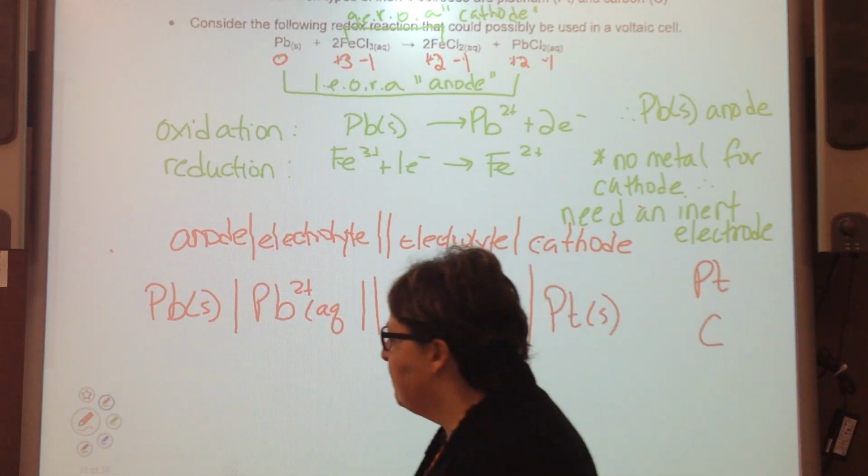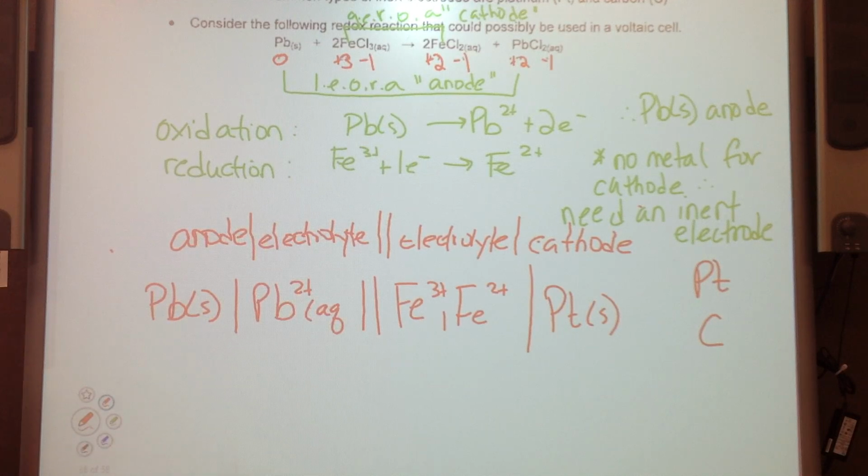Platinum is expensive, but it's inert. Carbon is very plentiful, but it doesn't have the longevity that platinum has. So you have to weigh when you're doing your cost analysis, what do you need? Do you need longevity out of your electrode, or do you not need longevity?